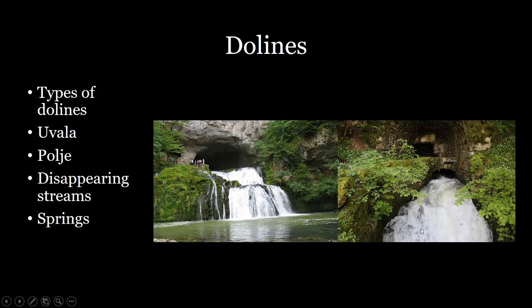So these springs can be rather large if they're flowing out of a cave system. You can see these rivers flowing out of the cave that were most likely originally fed by a disappearing stream on the surface. And they're flowing out and releasing that fresh water back out into the open landscape.